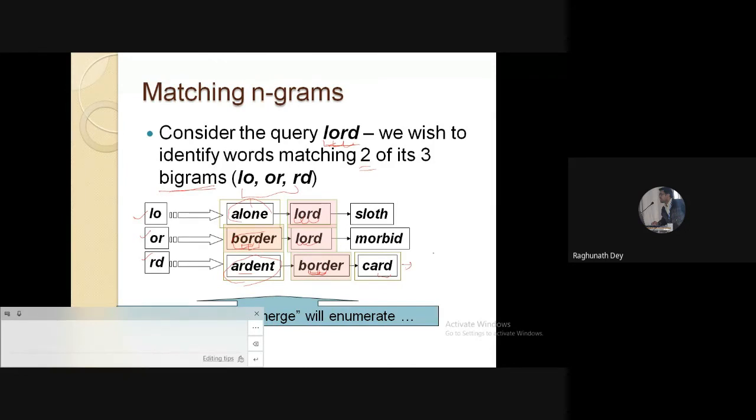In the third case, here also we may have LORD, because A, B, C, then it may have LORD. So here it is matching, here it is matching, here it is matching. All the possible bigrams are being matched with the word LORD here. So it is a better solution, the optimal solution.